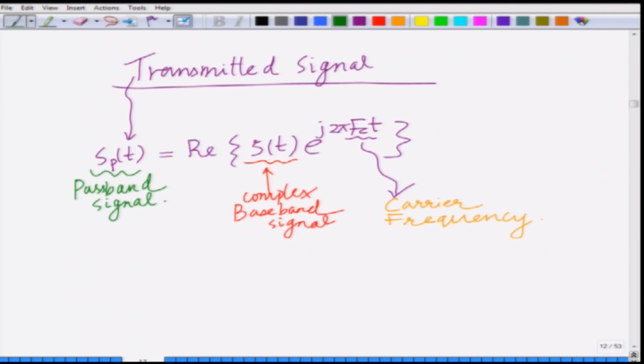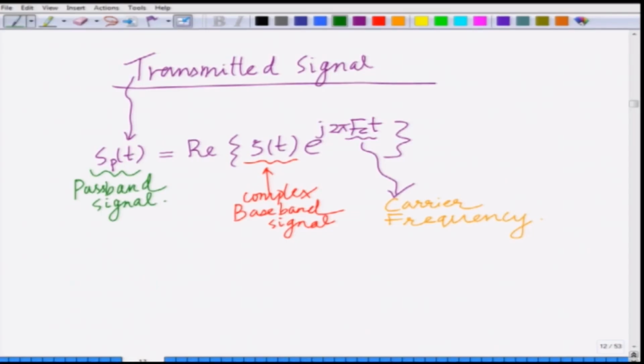So Sp of t, the passband transmitted signal, is the real part of the complex baseband signal s of t times e to the power of j 2 pi Fc t, which represents modulation at carrier frequency Fc.